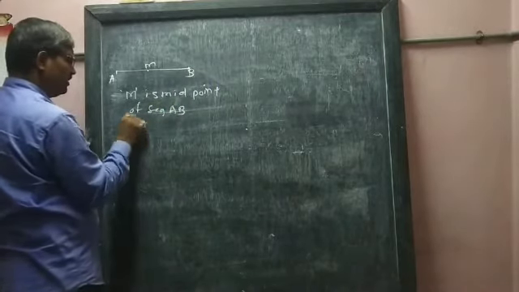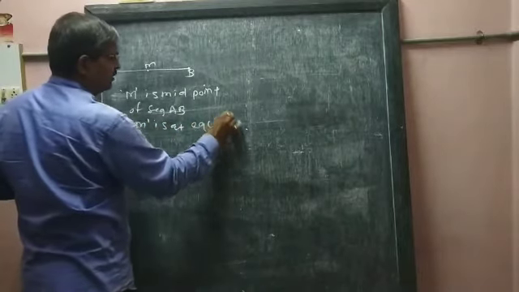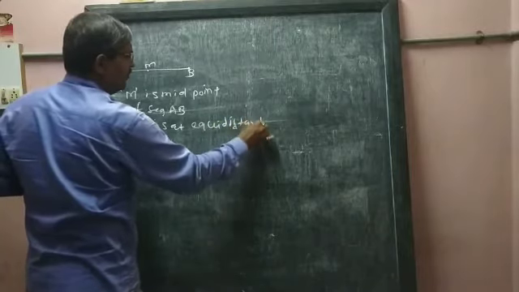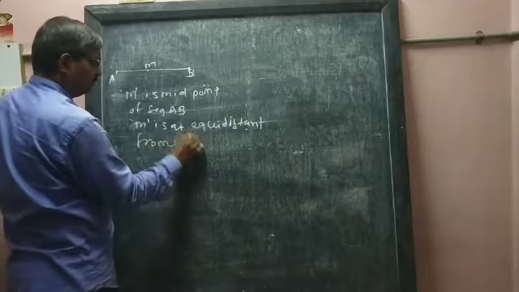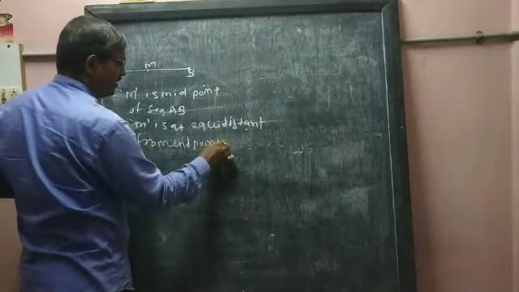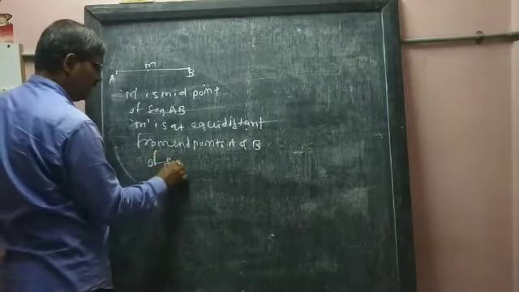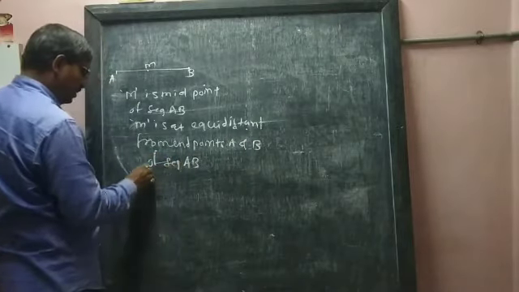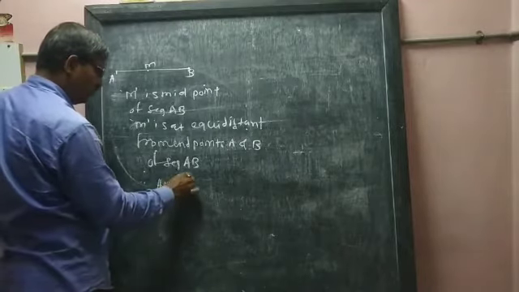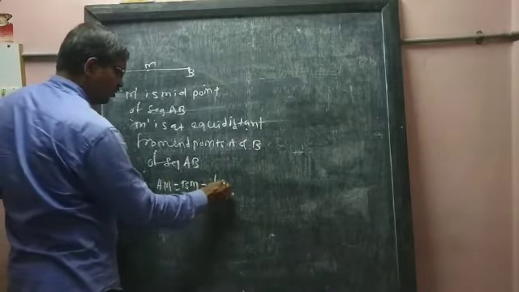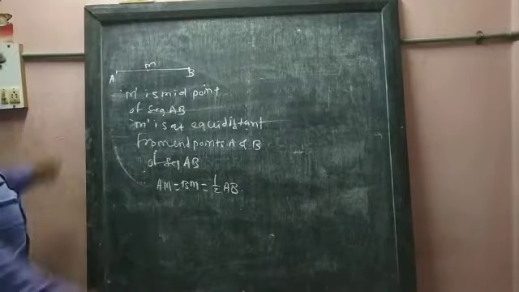M is equidistant from endpoints A and B of seg AB. Therefore, what will happen? AM is equal to BM is equal to half AB. Therefore, M is called a midpoint.